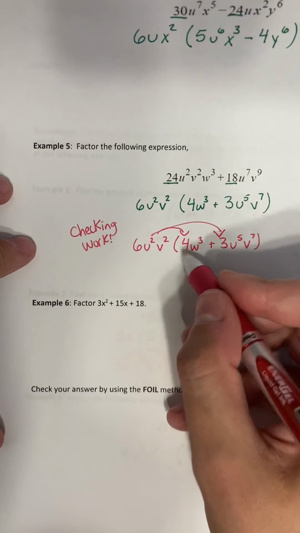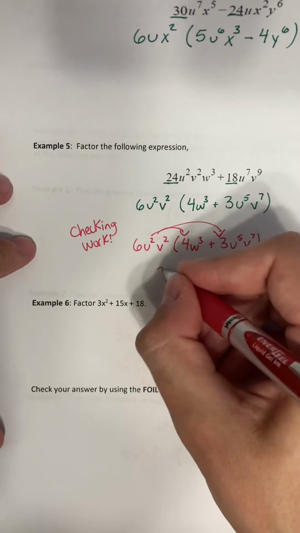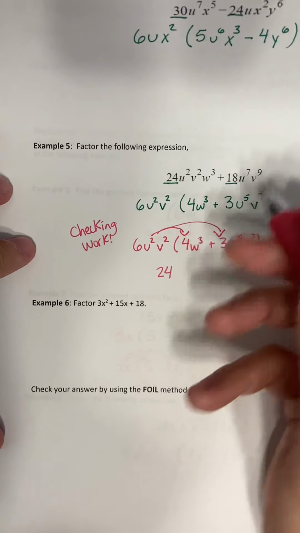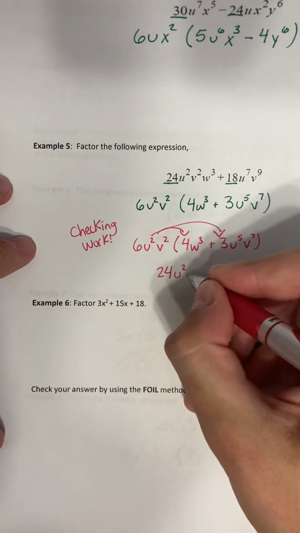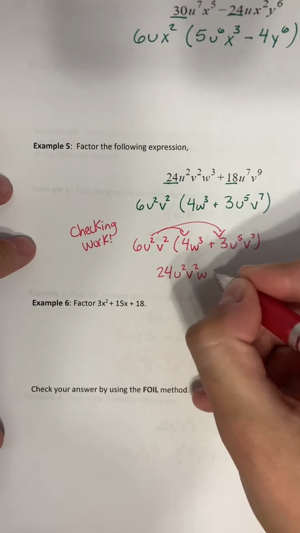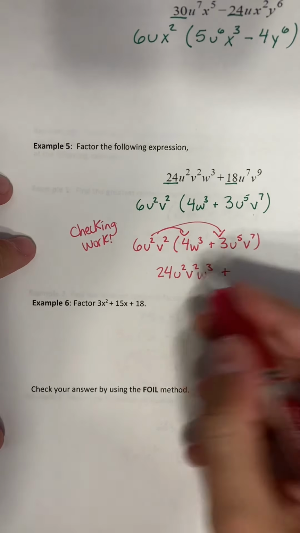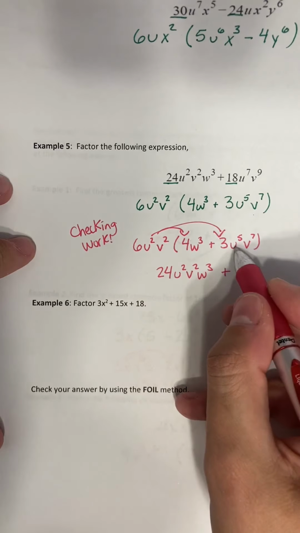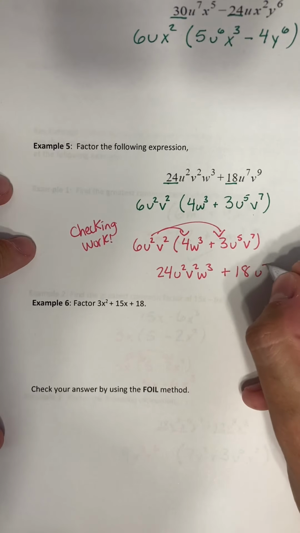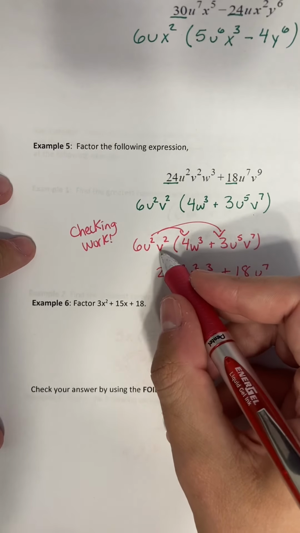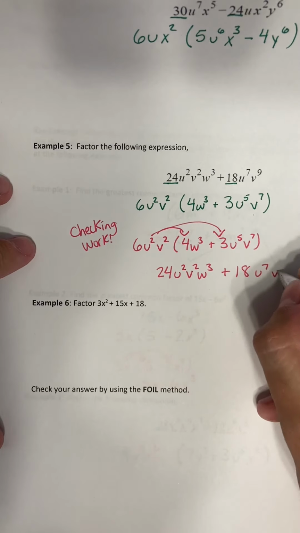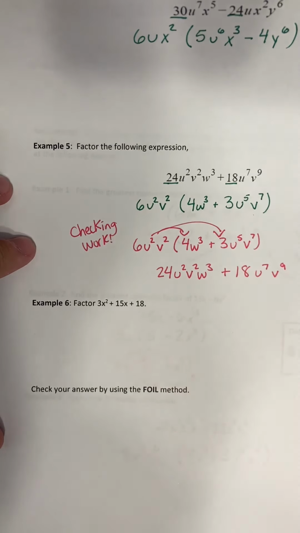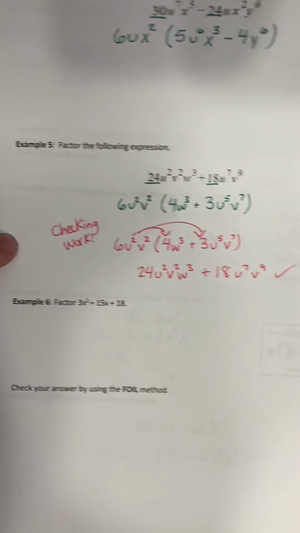What we end up getting, 6 times 4 is 24. And then all I just have left is all these little variables. Doesn't matter which order you write them in. Plus 6 times 3 is 18. And then u squared times u to the 5th is u to the 7th. Add the powers. V squared, v to the 7th, v to the 9th. And that's the same thing we got up top. So we know that we did it right.